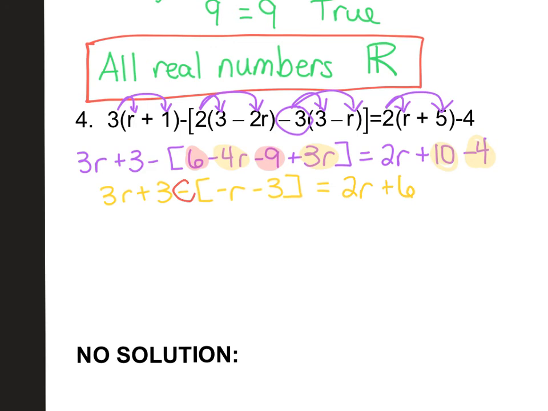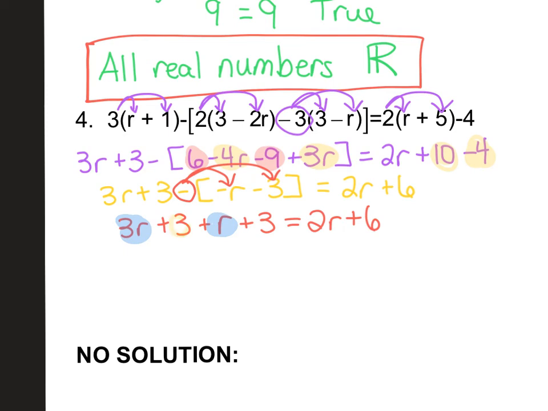I distribute this negative. That's like a negative 1 to everything inside. So 3r plus 3, I'm going to distribute a negative times a negative makes a positive r. A negative times a negative makes a positive 3. And now I just have one more step before I can actually continue to solve the problem.